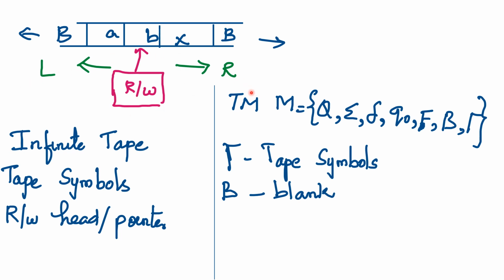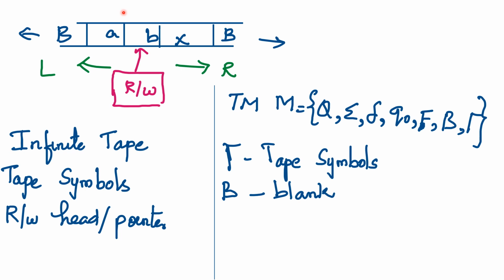So the main logic here is that the read write head moves left and right, scanning the input, and while scanning the input we can replace a symbol by some other variable, to show it has been processed. You can replace a blank symbol, or use some other variable.